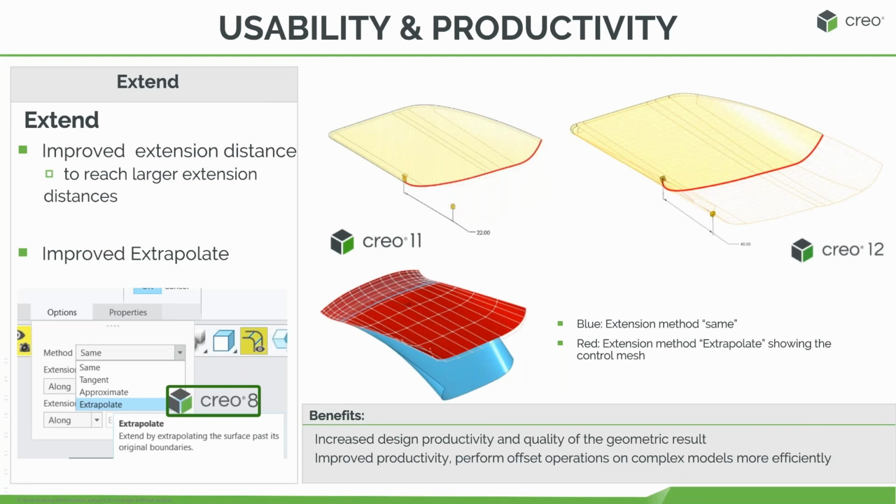While we are on extend, I also would like to mention improved extrapolate. Extrapolate is a nice option added in Creo 8, and we can see this comparison again. In Creo 12, the performance of extrapolate has been improved.